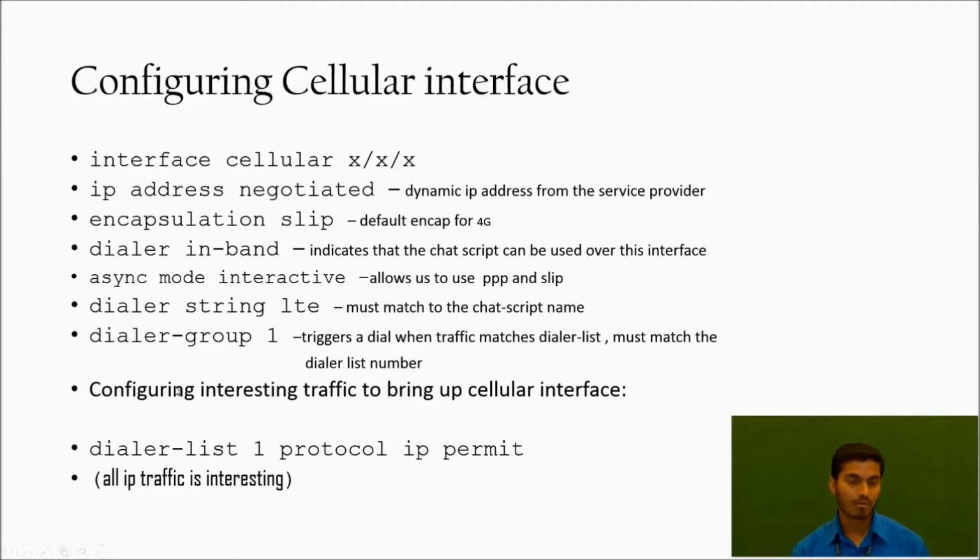So we have to configure an interesting traffic to bring up the cellular interface, which is done using this command, the dialer list, which is dialer list 1 protocol IP permit, which means all IP traffic is interesting. So any IP traffic going through the cellular interface triggers the dialer, and it initiates a call, and then it tries to negotiate an IP address from the service provider.